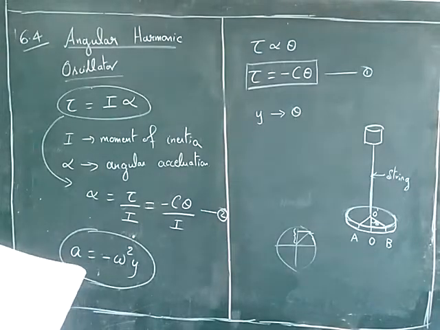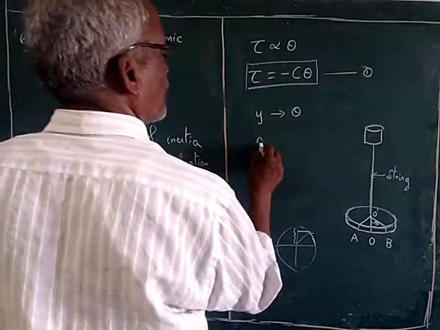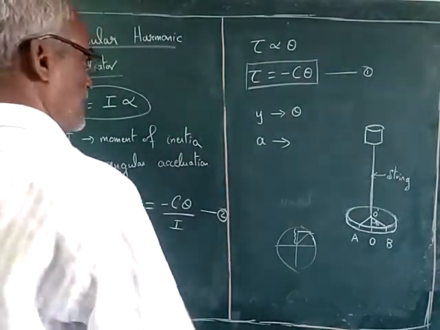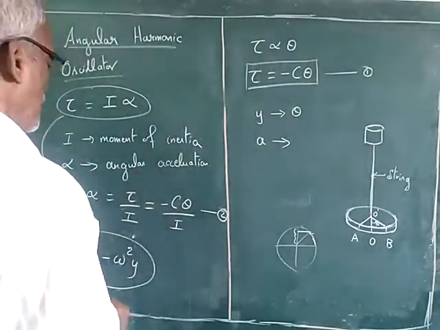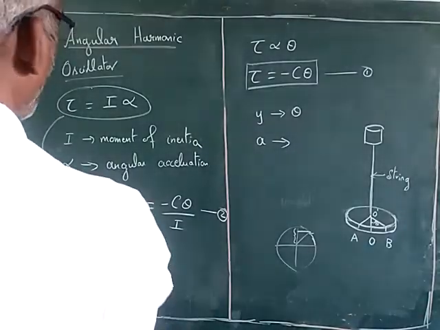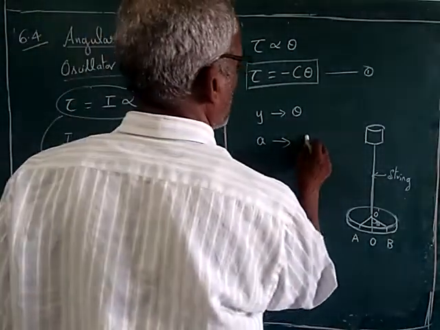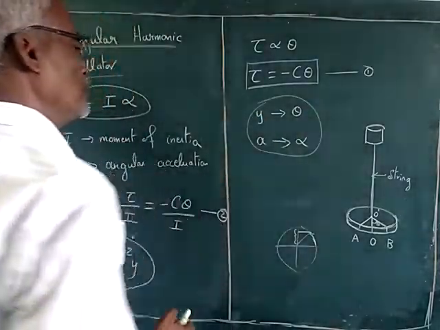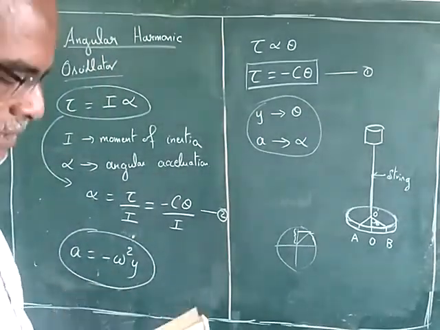and A by alpha. There we have linear acceleration. Here we have alpha. Alpha is angular acceleration. So these two things we are going to do with this basic equation.